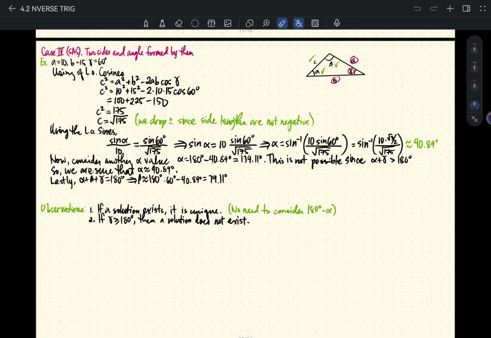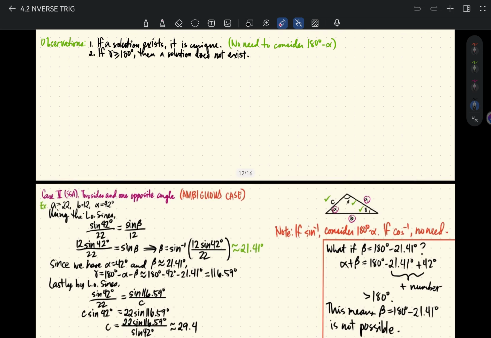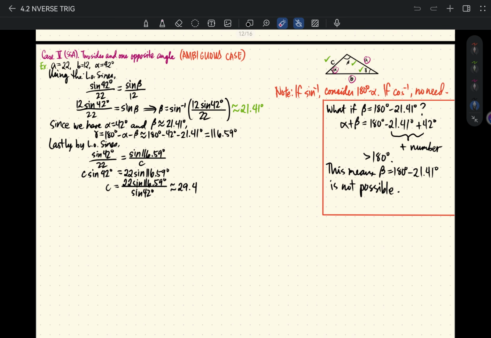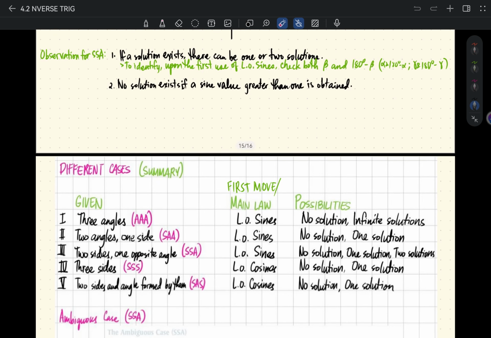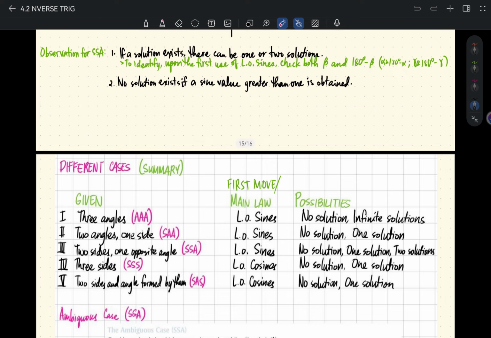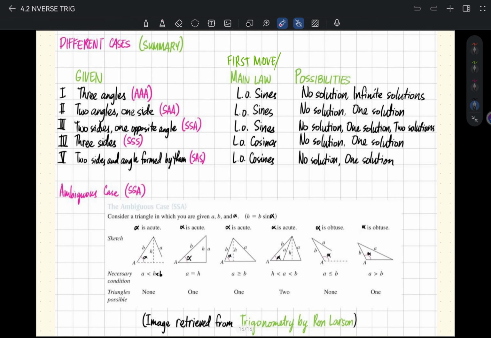For SAS, your contradiction comes from the single angle given there. And for SSA, the cause of your contradiction, of course, you can still look at the angle, but there's another source of contradiction here, which is the sine value. Okay? So you just have to be careful with the contradictions.